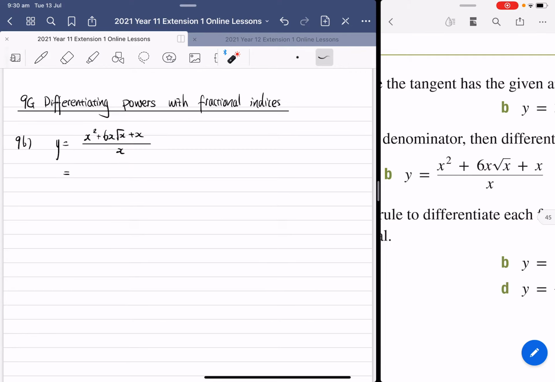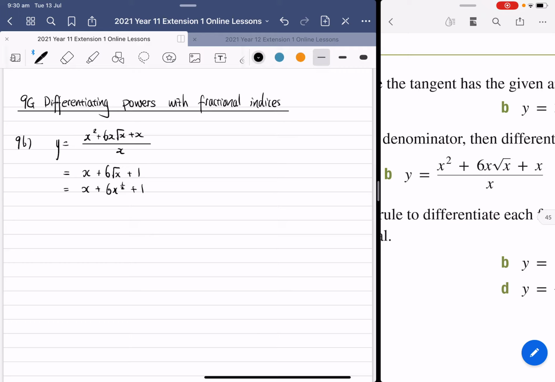So that gives you x plus 6 square root of x plus 1. That's pretty easy. Now, the next step is to change that square root of x as a power of half. So that gives you x plus 6x to the power of half plus 1.